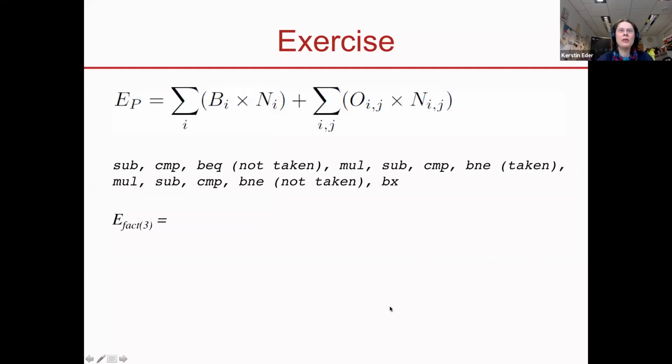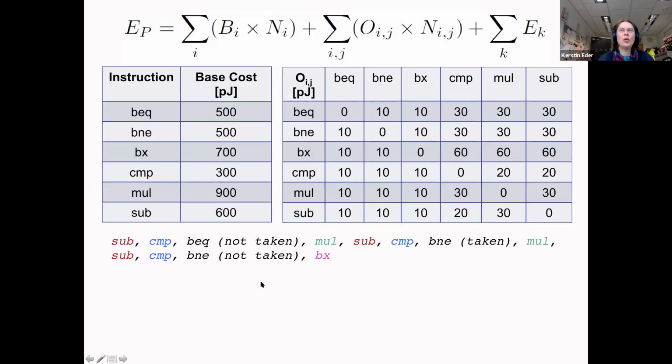What we can now do is apply our energy model and calculate how much energy is consumed. So let me put it all onto one slide, right? We've got our formula as to how we need to add things up, and in this formula the base costs and the overheads.